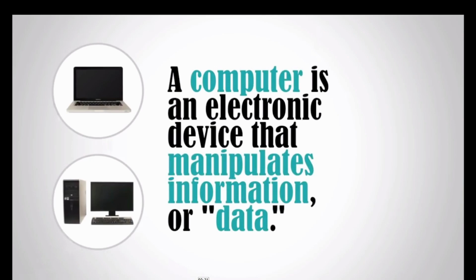We have been able to create machines that can actually manipulate information. They can actually think. Machines that can help us with our thinking work. And that is the computer. What makes the computer special is that the computer can help humans with our thinking jobs, not only our manual jobs.